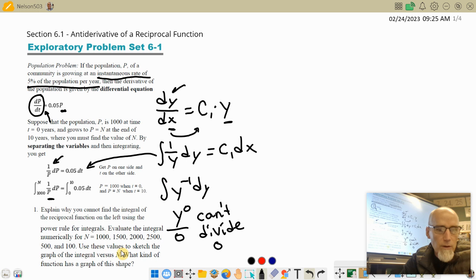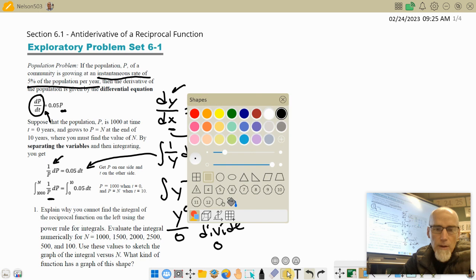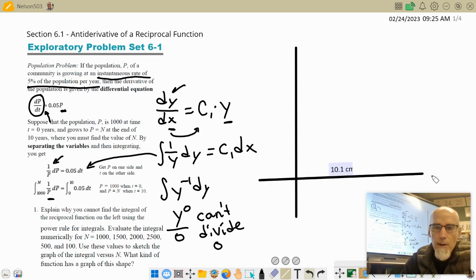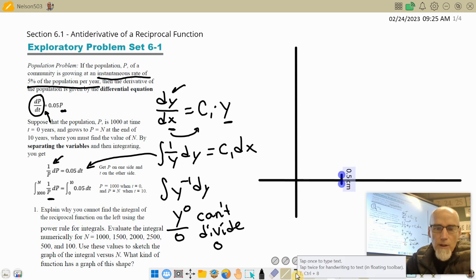All right, so it says use these values to sketch the graph of the integral versus n. What kind of function has a graph of that shape? So what they're asking us to do is just put a graph of that thing down. So we graph this guy, and remember, like at 1000, if we put a little tick mark, let's say here, and we put 1000 in there.